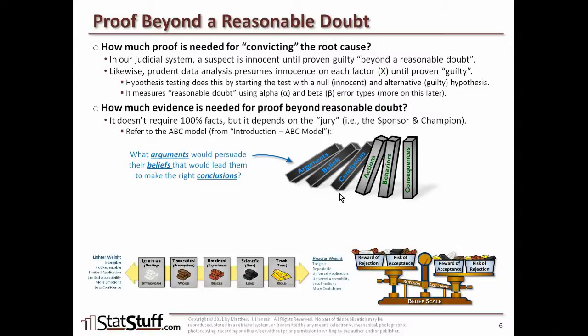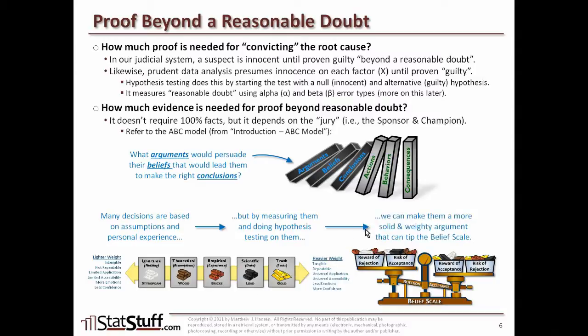Again, when we go back to the ABC model where we talked about the belief scale and the different types of arguments and the different weights of these arguments that we would add to our belief scale, it's basically looking at the decisions that those sponsor or champion might make, the decisions that they're making that typically they might be making on assumptions or personal experience, things that are much lighter weight, and we want to try to shift the weight to be something much heavier by adding more data and analysis and using this hypothesis testing that's going to help make it more scientific in the approach.